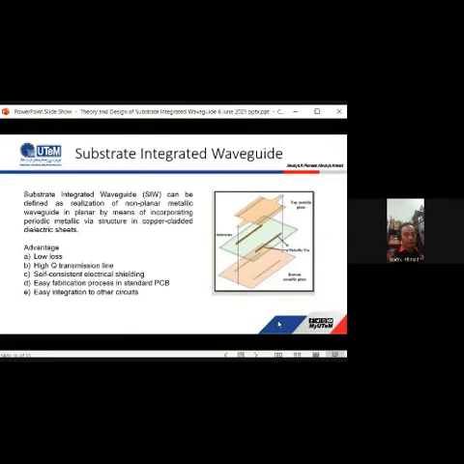As you can see in the picture, the advantage is low loss, because the wave, as I will show later, is actually confined within the rows of vias.